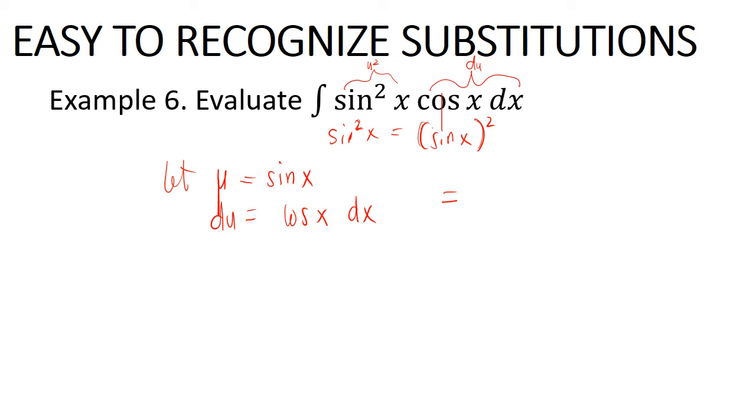So, by substitution, u squared cosine x dx equals du. Again, we are back to power rule. Anong integral ng u squared? u, 2 plus 1 is 3, all over 3 plus c.